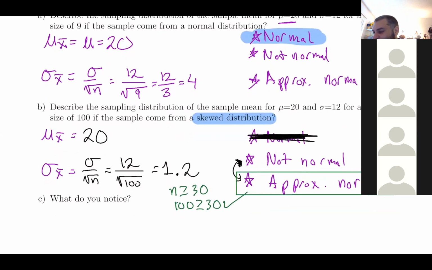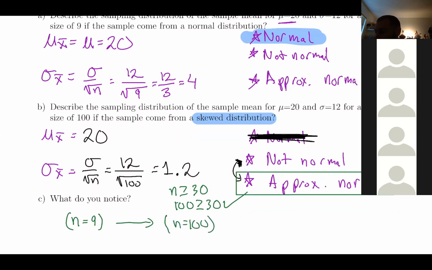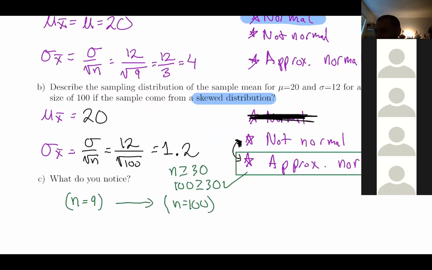So let's see, for C it says, what do you notice? When I say, what do you notice? I mean, what happened when we went from a sample size of 9 to a sample size of 100? So let's see, what happened to mu of x bar? Did it go up? Did it go down? Or did it stay the same?